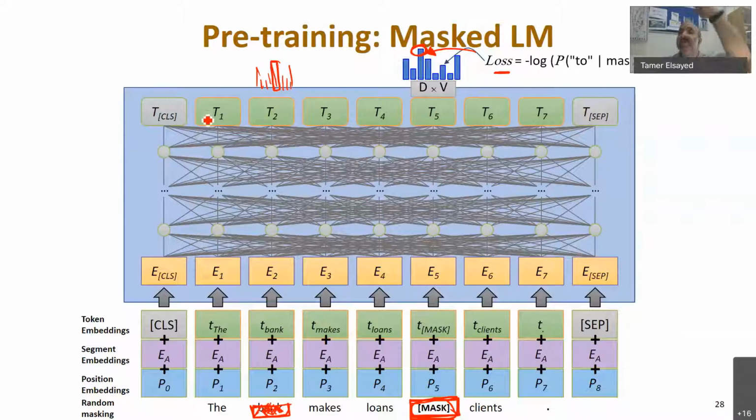But there is an output layer, and that output layer has this for each token. So after the embeddings, there is an output layer that will give us this probability distribution, and that's what we use to update the model if there is any mistake. Did I answer your question or still not?